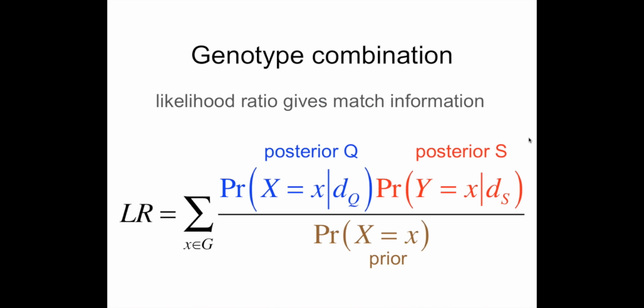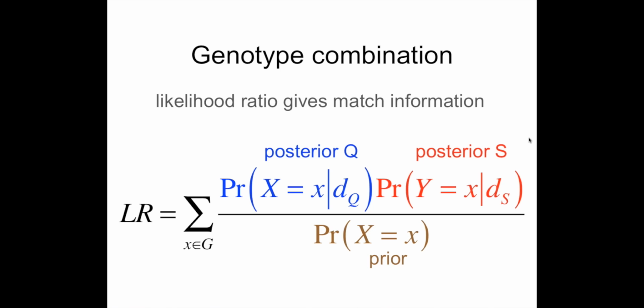Now, a second idea is that after you've separated genotypes and you're back to a world of single source DNA, single contributors, now the standard likelihood ratio from probability theory gives us the match information. We can combine the posterior probability of a genotype, shown in blue, from one evidence item, together with the probability distribution for variable y from another evidence item.